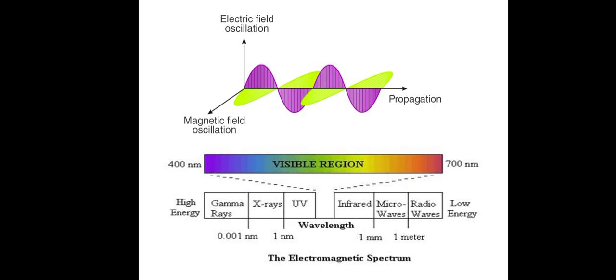Different regions of the spectrum are identified by different names. The examples are the radio frequency region, used for broadcasting, the microwave region, used for radar, the infrared region, used for heating, and the ultraviolet region, a component of sun's radiation.